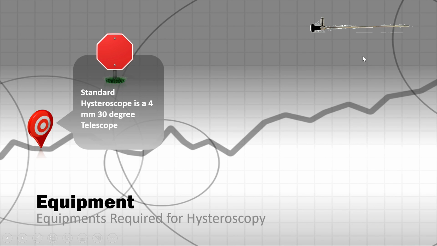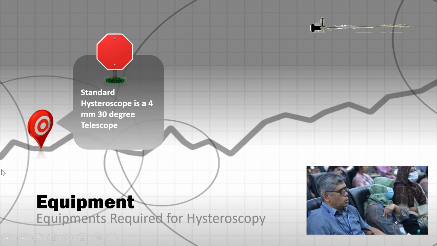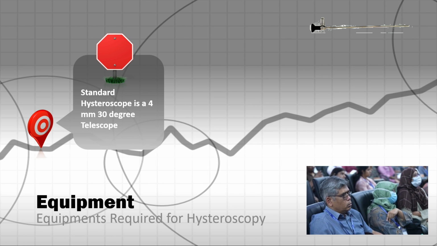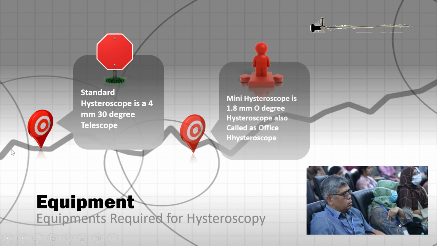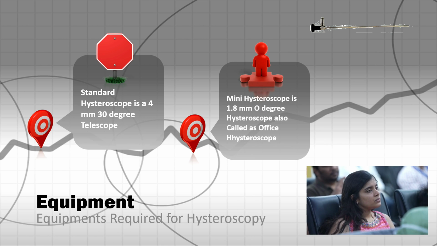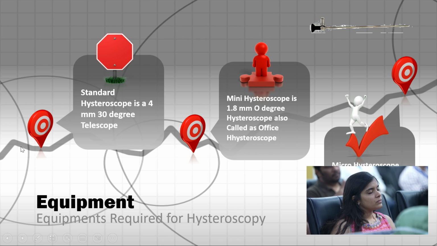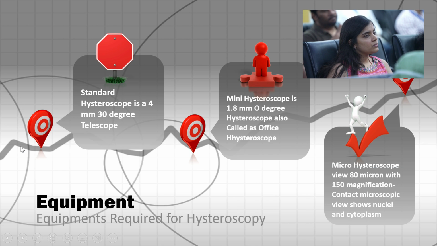Mostly the standard hysteroscope is 4 mm 30 degree, and over that you have to use a sheath. Now there are some mini hysteroscopes that are 1.8 mm. That is called the office hysteroscope. And there are some micro hysteroscopes which are only 80 micron and which can show you 150 magnification.